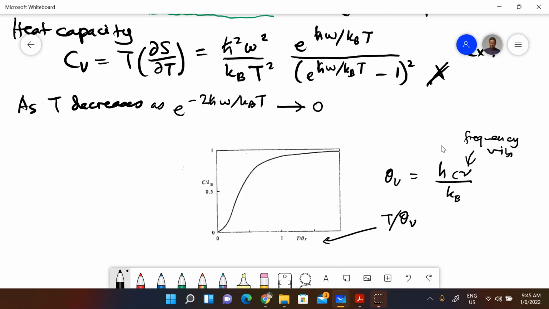As your T becomes higher, it approaches C over k_B here. Remember that the heat capacity at higher temperatures is just k_B, so it approaches 1 over here.